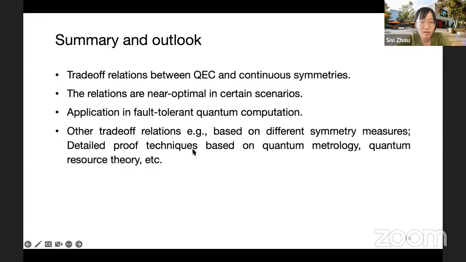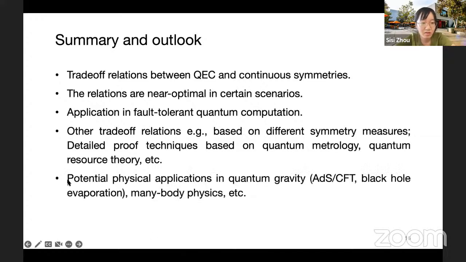There's also a detailed proof technique based on metrology and resource theory that is contained in our paper. Finally, there are also potential physical applications of our results in quantum gravity and many-body physics and so on, which is also discussed in our paper. That's all for my talk. Thank you very much for listening.